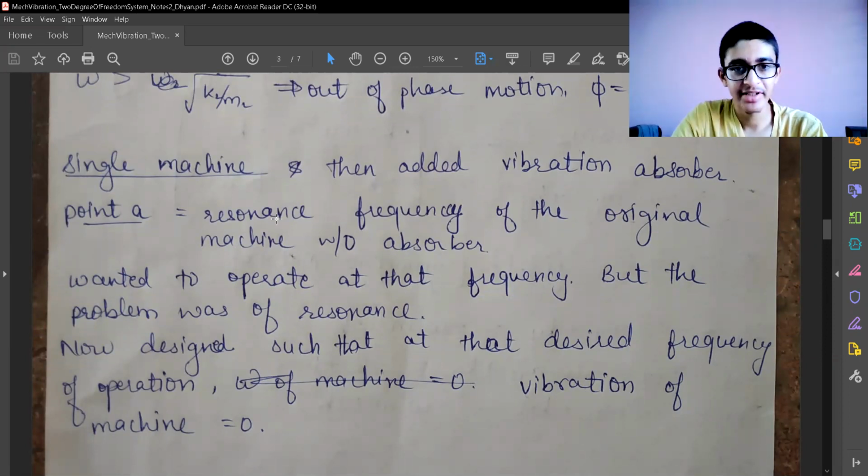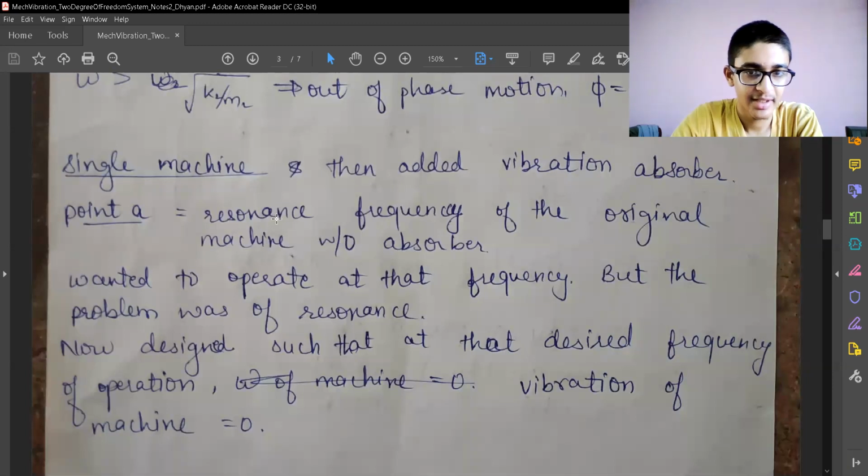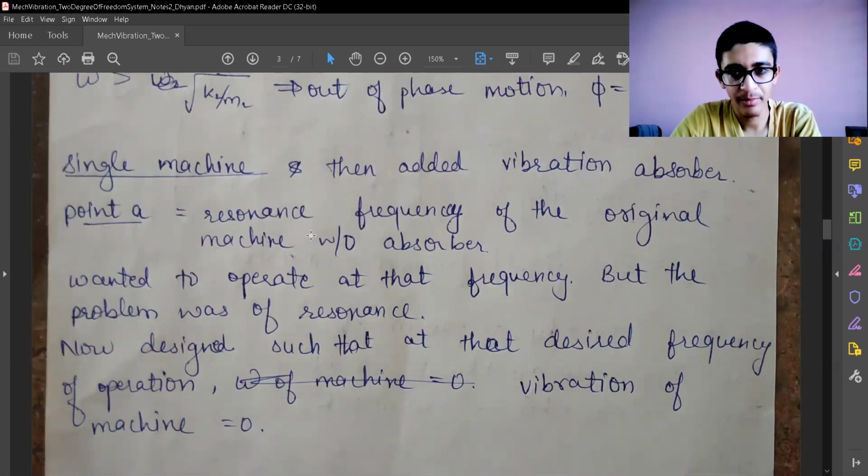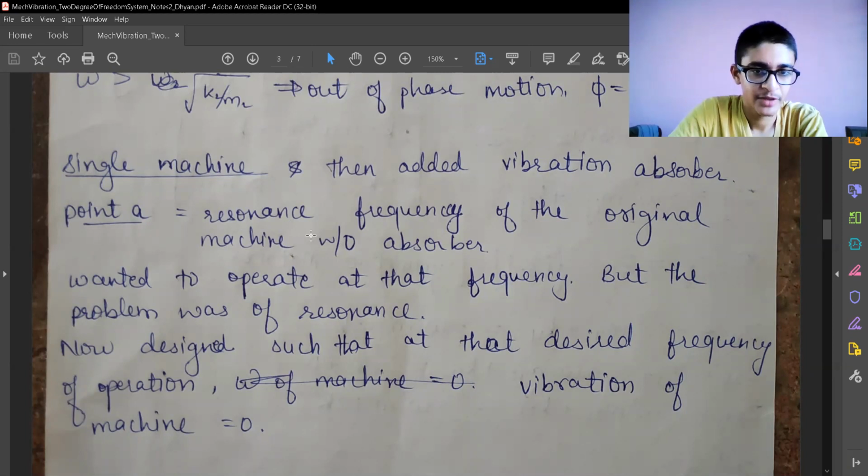So now we want to design some absorber of that natural frequency vibration, such that the absorber is going to take away all the vibrations, and my main mass or the main machine, which is being applied some force, is not going to vibrate because of the absorber. So we want to operate at that resonance frequency, but the problem was of resonance.